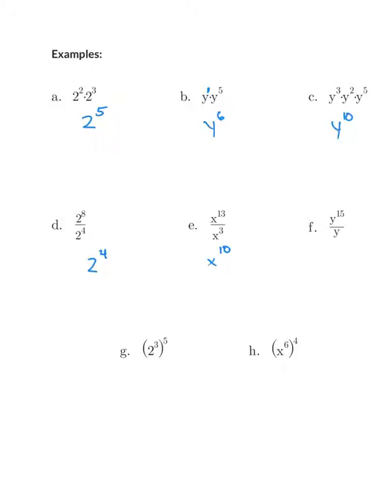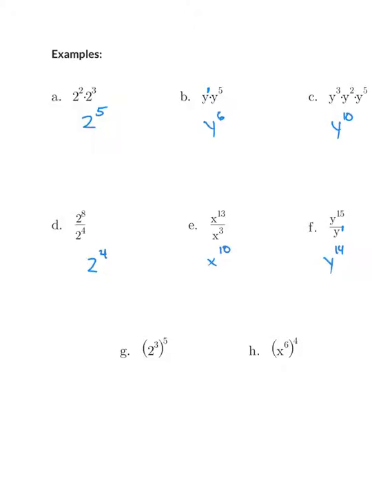For F, if you have y to the 15th divided by y, we want to take one y away, and we'll be left with y to the 14th, or 15 minus 1.